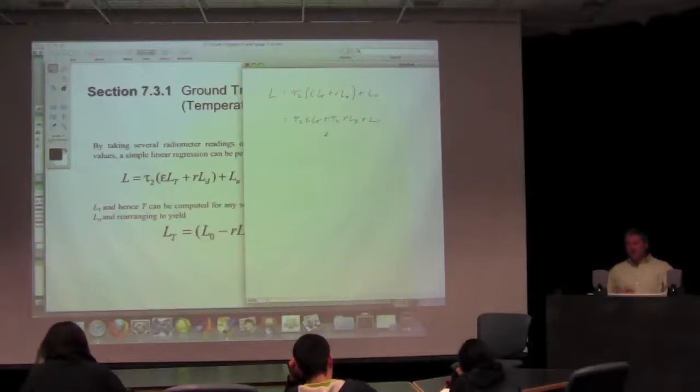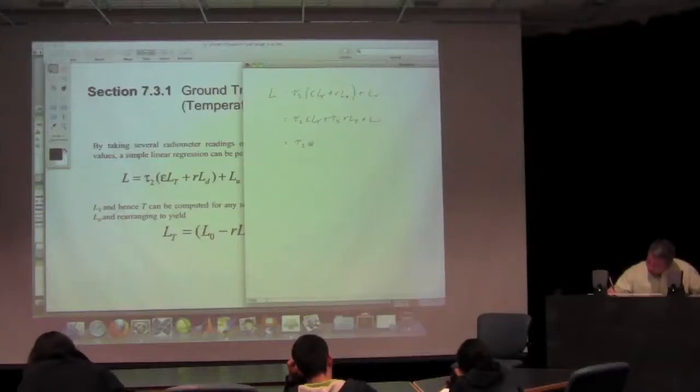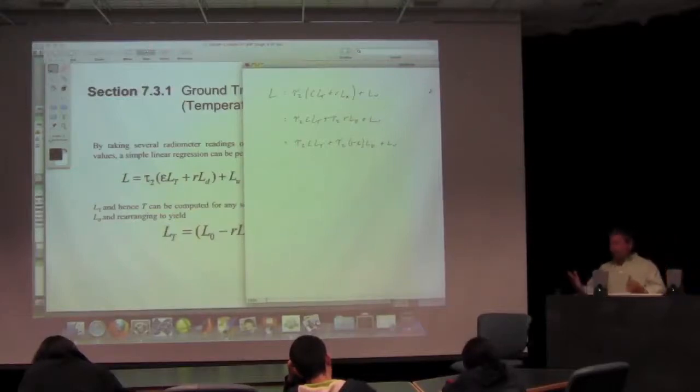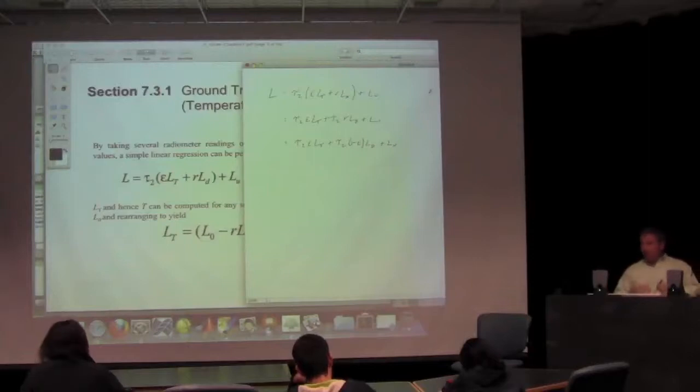Let me go one more step and just put everything in terms of emissivity here. So you have tau 2 epsilon LT plus tau 2 times 1 minus epsilon times LD plus LU. Now everything's in terms of the target emissivity, and make the assumption here that the target is solid.